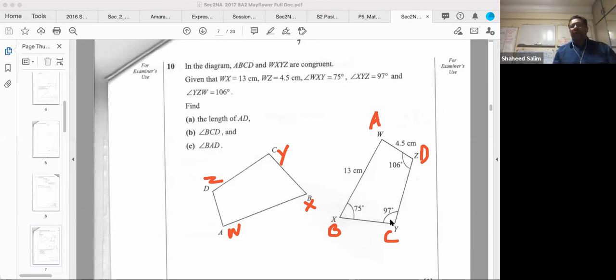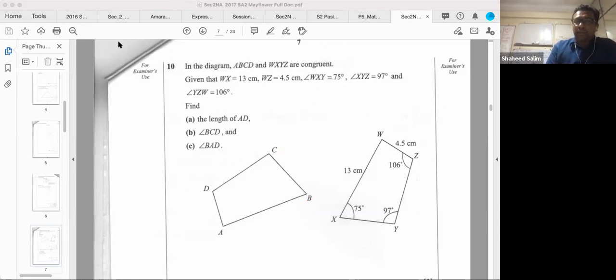Remember, four angles in a quadrilateral always add up to how much? So you know how to do it. Well done, right? Congratulations. So for congruency, I think you got no problem.